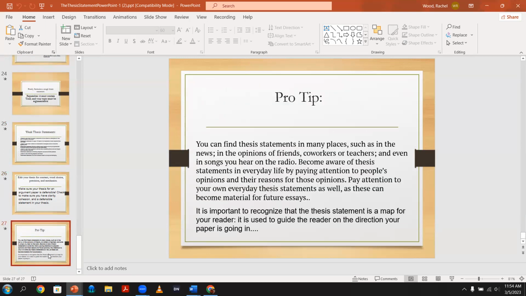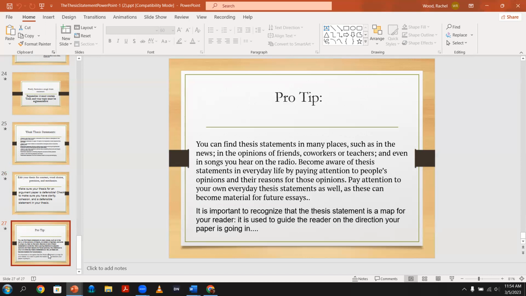One of the pro tips that I can give you is you can find thesis statements in many places, in the news, in the opinions of your friends, coworkers, teachers, and even in songs you hear on the radio. Become aware of thesis statements in everyday life by paying attention to people's opinions and their reasons for these opinions. Pay attention to your own everyday thesis statements as well, because they can become materials for future essays.